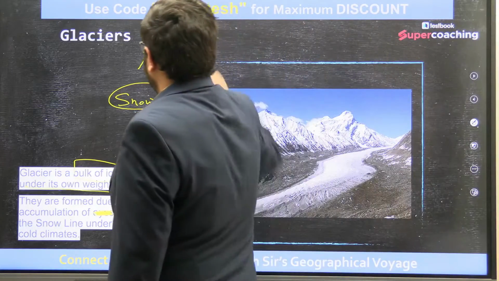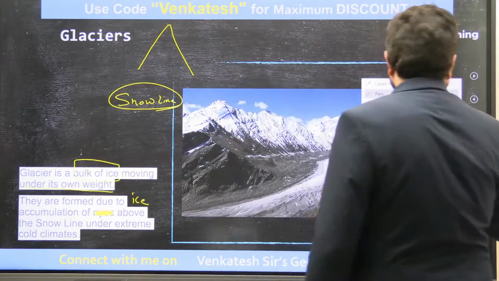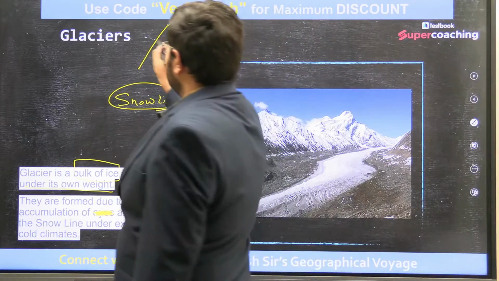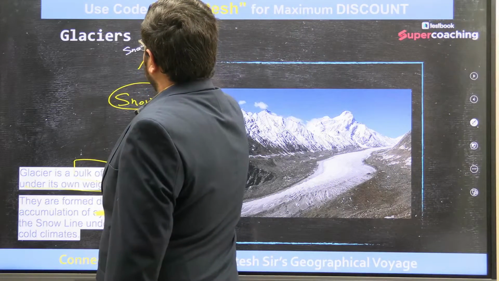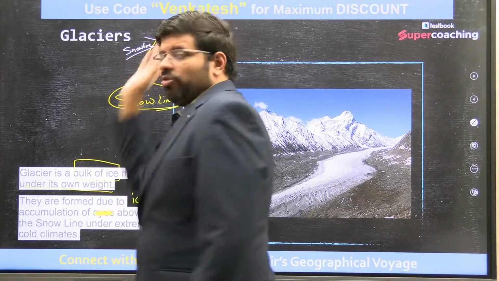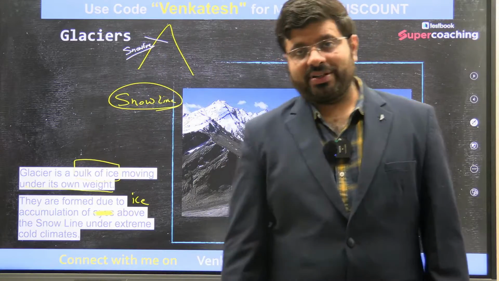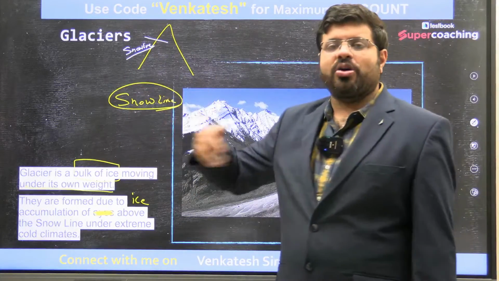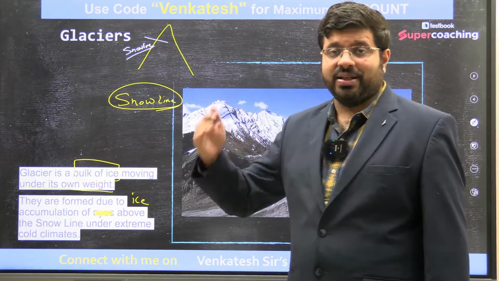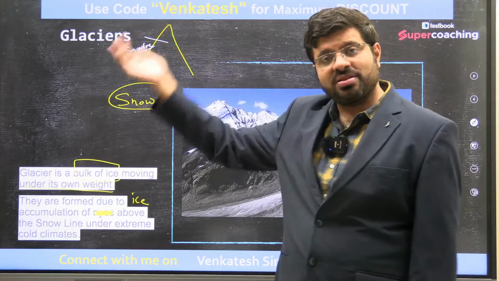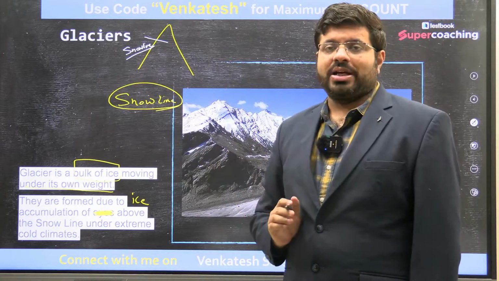For example, if this is a mountain, this would be the snow line, where there would be perpetual snow forever. That means the temperatures would be hovering around 0 degrees Celsius until there. Beyond that, everything is minus. So that is the snow line.